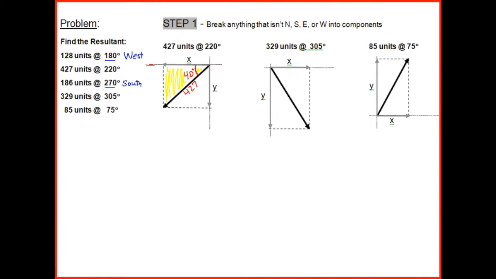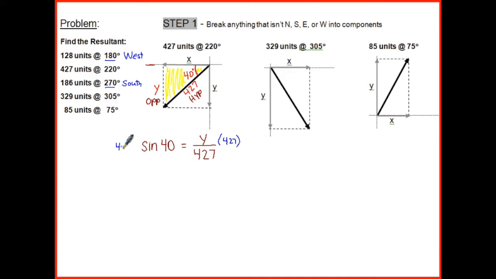The magnitude of that is 427. And if this is a side of y, this has a length of y. So the hypotenuse, my y is opposite for the triangle I'm looking at, and x is adjacent. So opposite and hypotenuse, that'll be sine. So sine of 40 degrees equals y over 427.